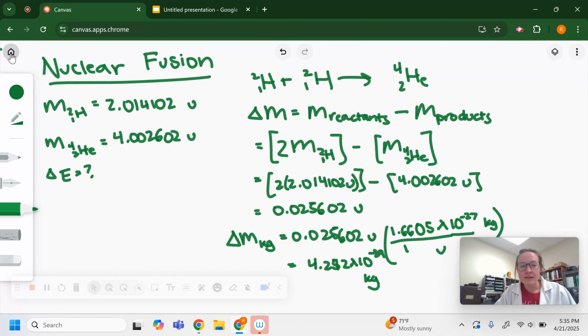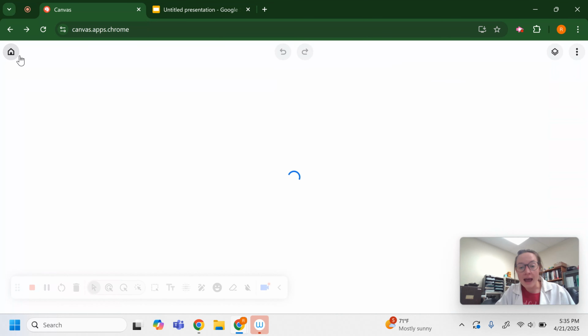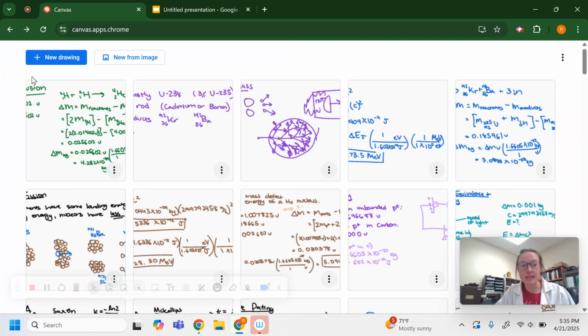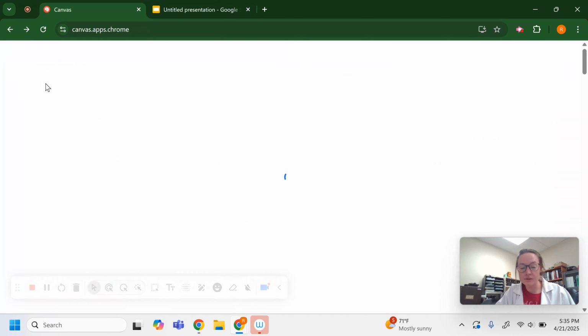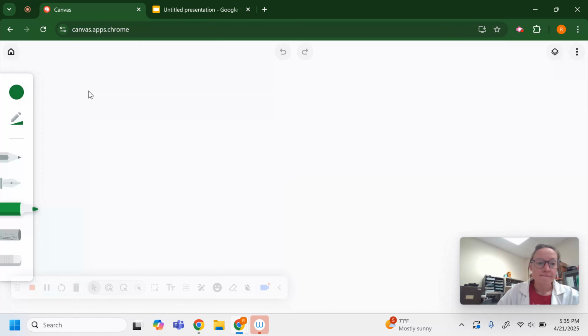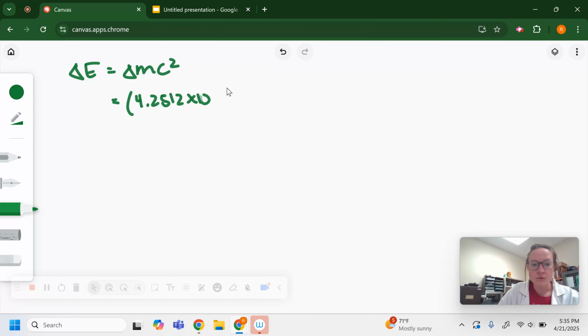Now that we have the mass in kilograms, we need to find the amount of energy that's released. To do that, we use delta E equals delta m c squared. So delta E is equal to delta m times c squared. Delta m, we just found on the last page. It's 4.2512 times 10 to the negative 29th kilograms.